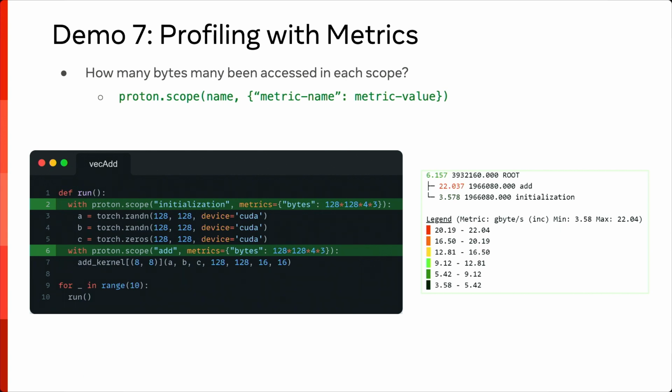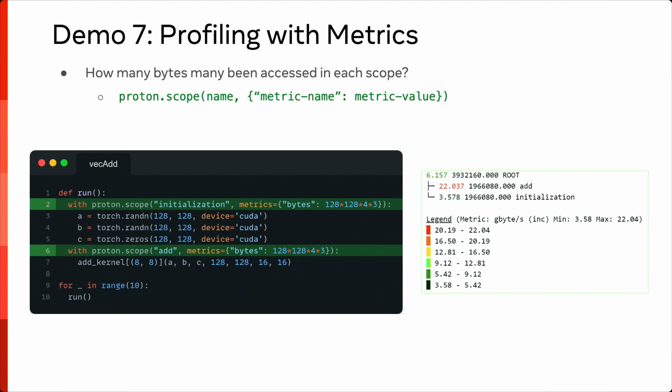Currently, we only support metric values of integer or double. Then using this metric functionality, we can accumulate the number of bytes that have been accessed in each scope. In this case, we're going to calculate the number of bytes that can be accessed each time manually. So in the initialization phase, we are going to access 3 tensors.